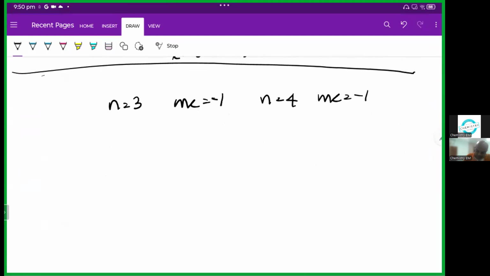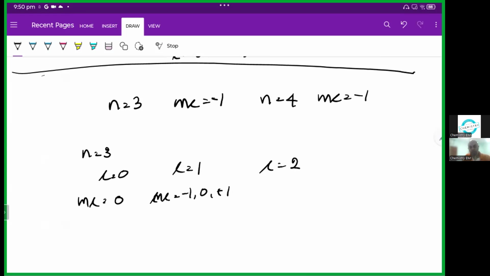So let's say n is equal to 3 means l is equal to 0, l is equal to 1, l is equal to 2. Then l equal to 0 means ml is equal to 0. Here ml is equal to -1, 0, and +1.